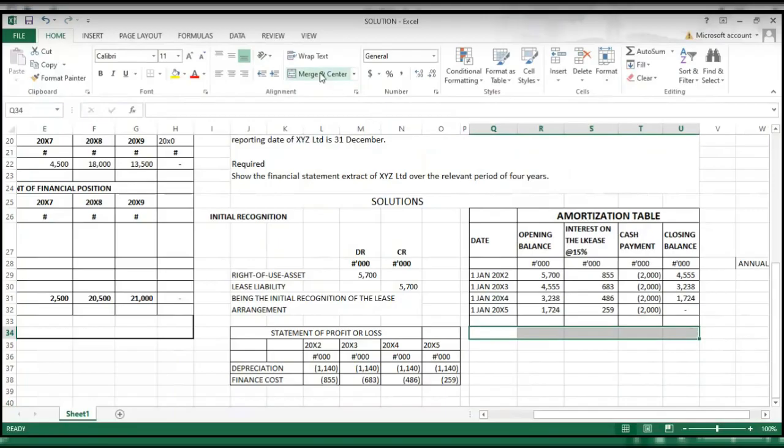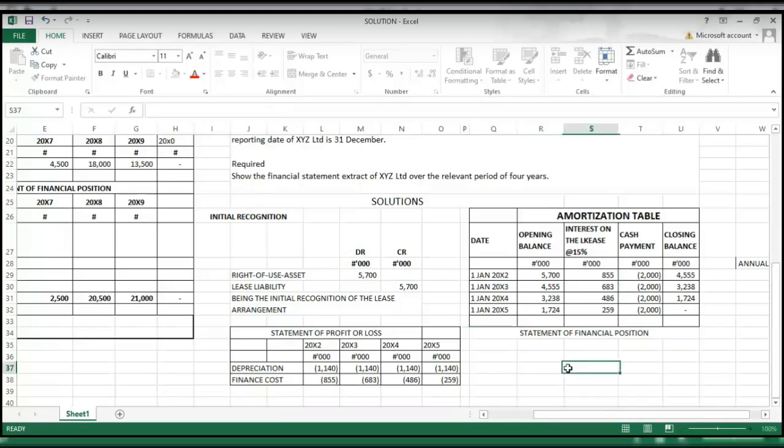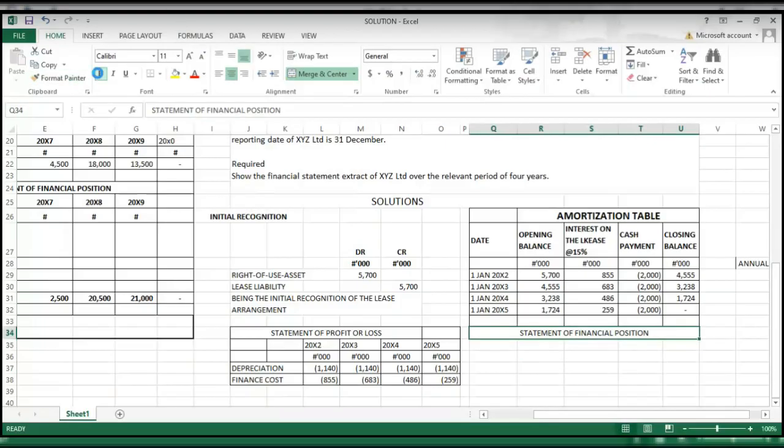I'll put statement of financial position here. And what we shall be doing there is to complete what we actually started yesterday.